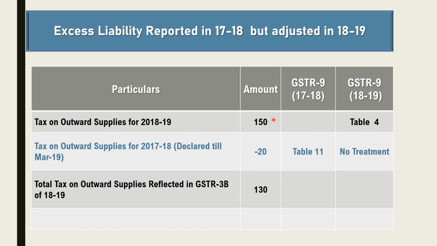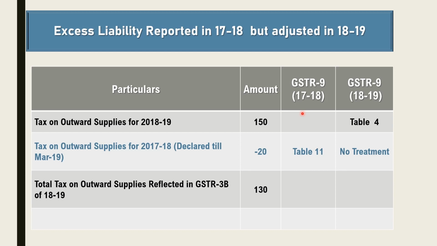Now supposedly if the officer asks that your 3B was reflecting only 130 rupees but your table 4 is reflecting 150 rupees, how is this 20 rupees? I can easily explain that this 20 rupees has already been reported in GSTR 9 table 11 of 17-18.